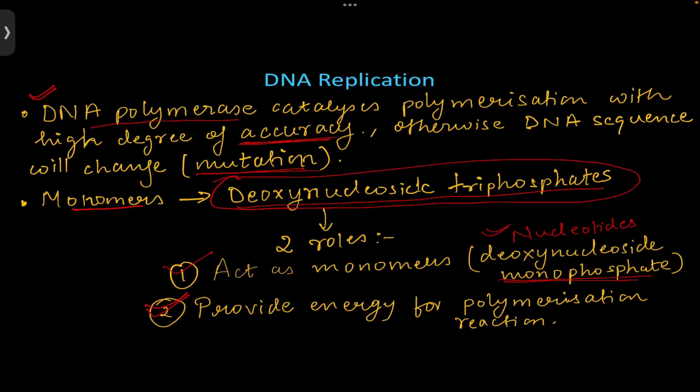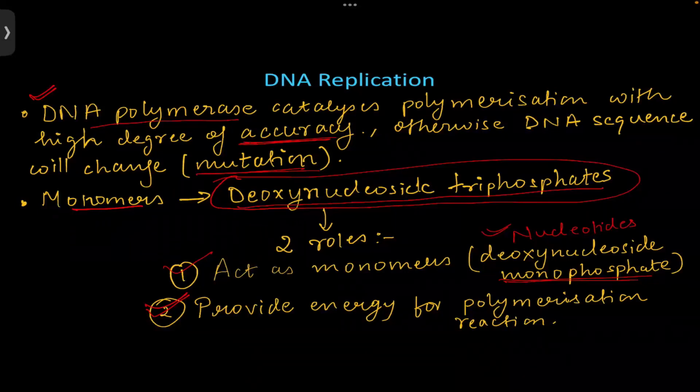What happens to them? The other two phosphate bonds get broken. The breaking of those two additional phosphate bonds releases a lot of energy, and that energy is sufficient for catalyzing the formation of the phosphodiester bond within the newly synthesizing nucleotide chain.